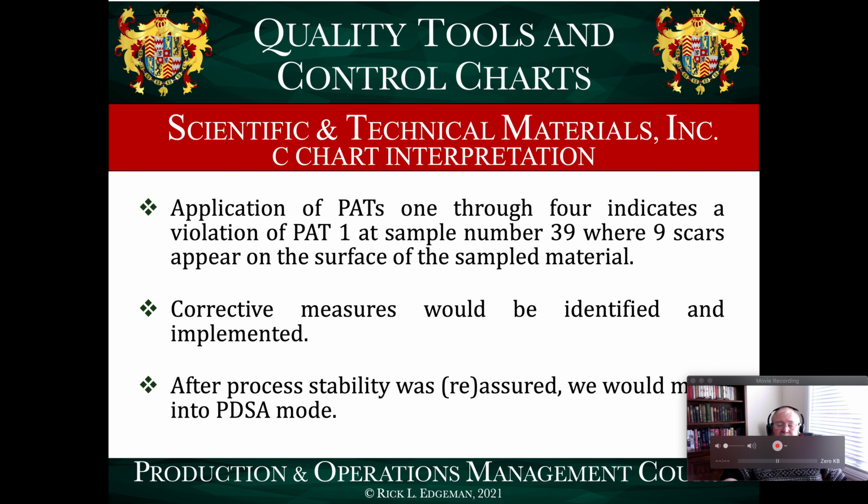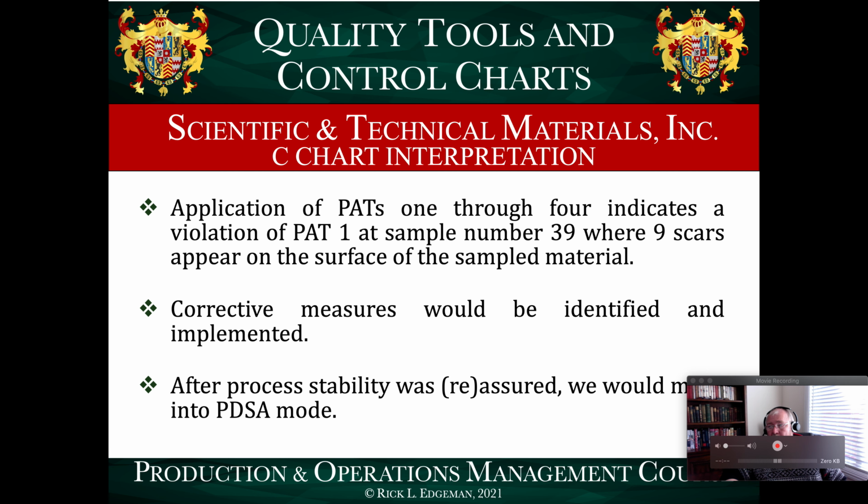So let's see. What could tell you that you were successful if you continued to plot data after you made this change using the existing coordinates of the 7 lines to that point? Pattern 1. You don't have beyond zone A on the lower side, which would be fewer scars. You have above zone A on the upper side. That's more scars. That's bad.